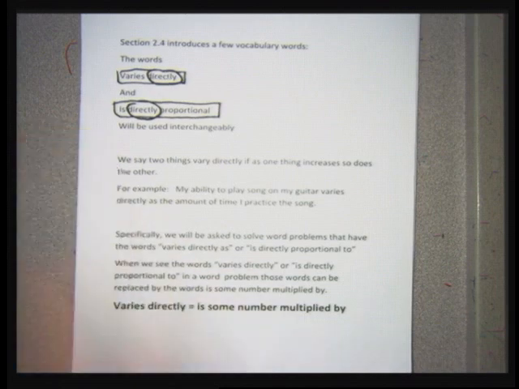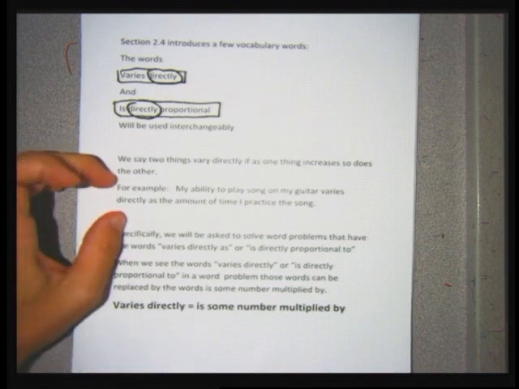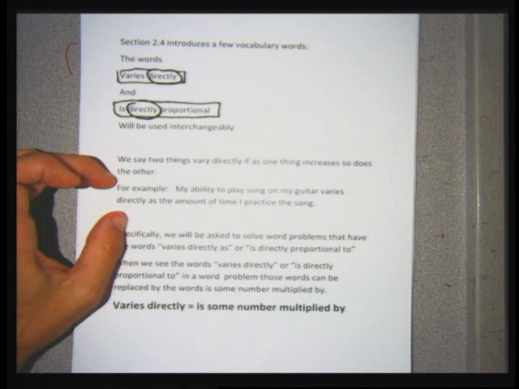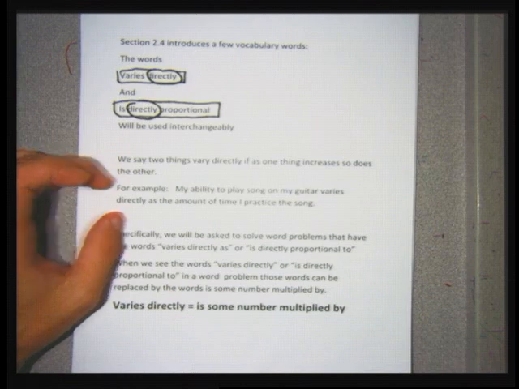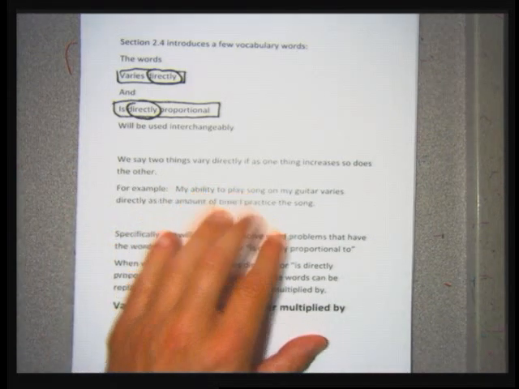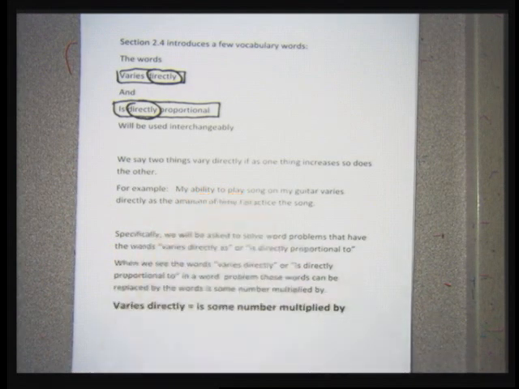This might not be so true because sometimes my ability doesn't matter. I can practice forever and I still suck. But anyways, if two items are theoretically going in the same direction, as one goes up, so does the other, those items vary directly to each other. So the more time I practice, the better my ability gets.